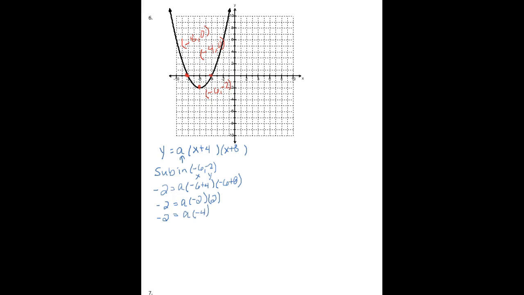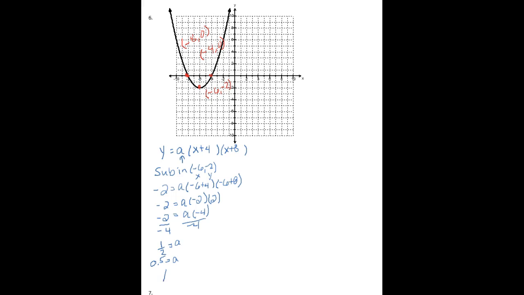And we isolate for a, which means we would then divide by -4 on both sides. So you get a half, or you could write that as 0.5.